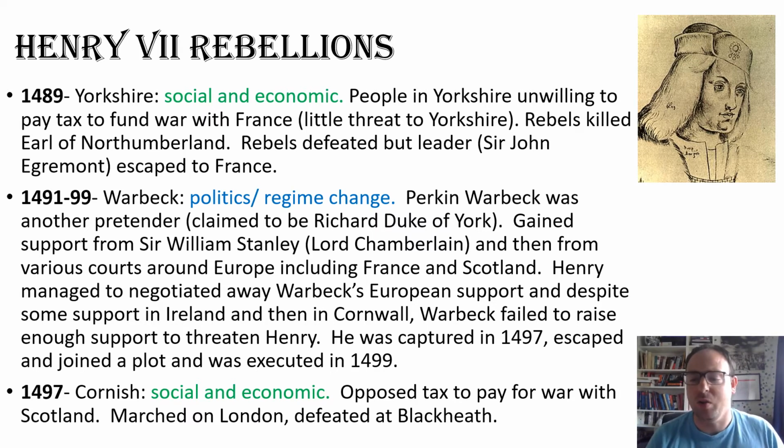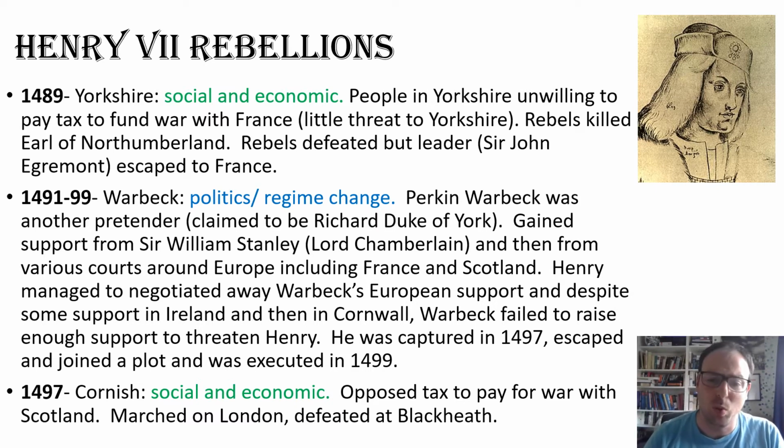Now, Henry, through various means, managed to negotiate to stop ongoing support. So we see a marriage alliance made with Scotland. We see again marriage alliance and treaty made with France, and essentially once they've got what they want, the European leaders' support for Warbeck disappears.